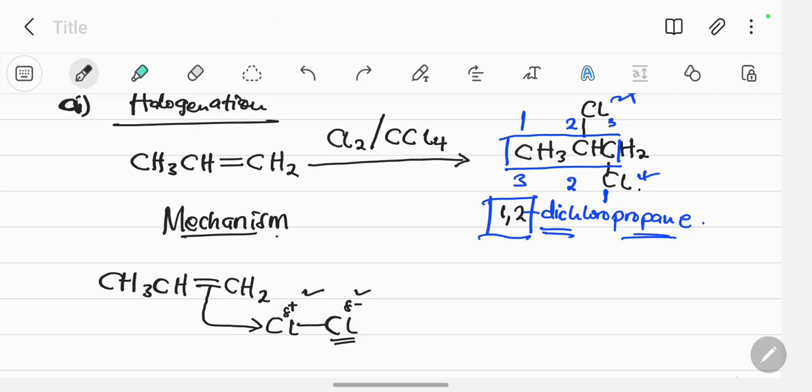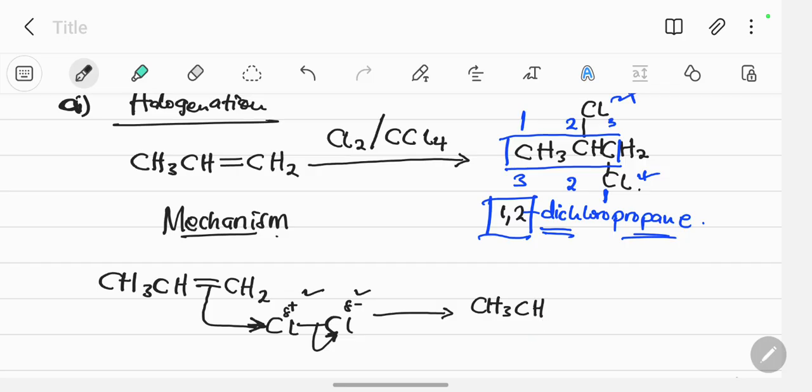So what happens is that after attacking this partially positive chlorine atom, electrons are going to be given to the one that is partially positive, such that as the reaction progresses, we have CH3, CH.